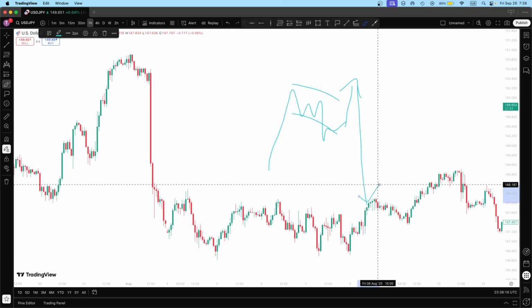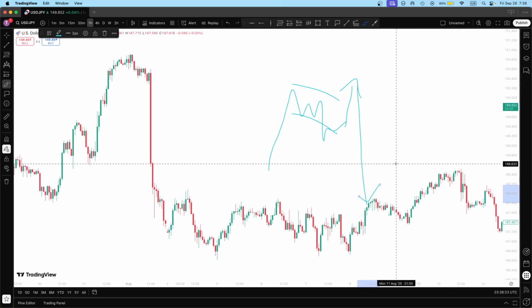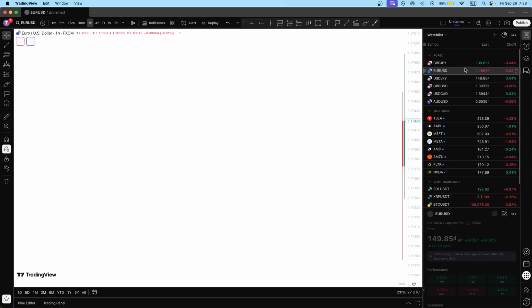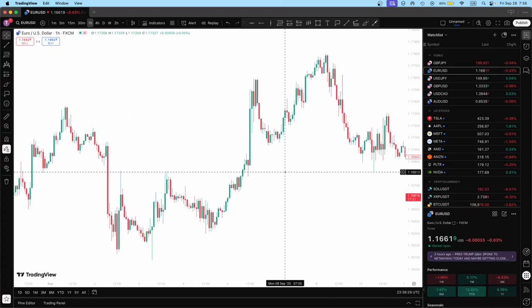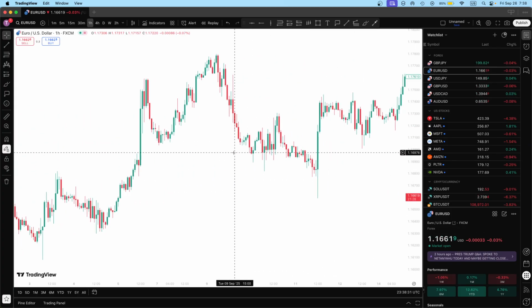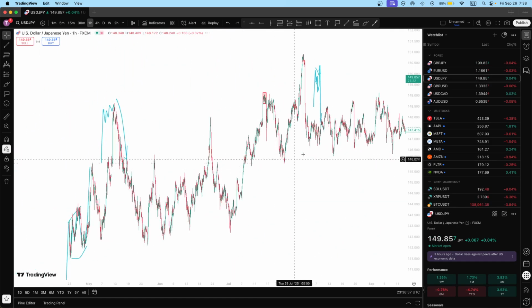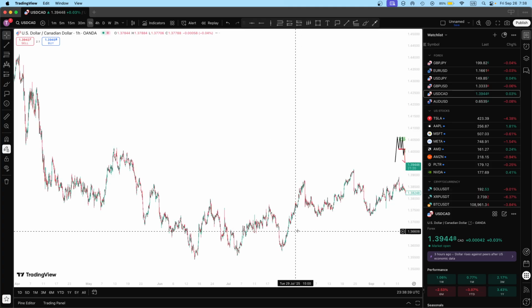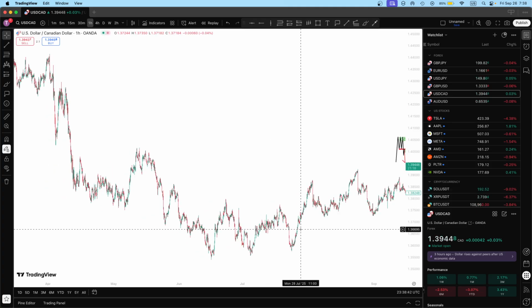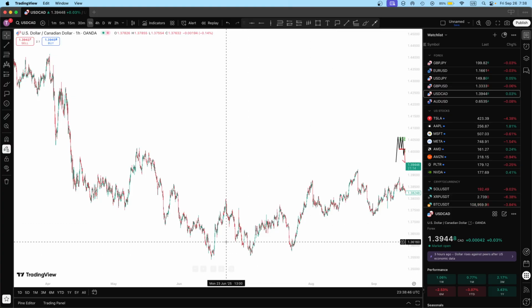So this is where probability plays a part, where some kinds of moves in certain charts might be very common, and some patterns are very unlikely. So like USD JPY, what patterns are mostly common in USD CAD? Is it continuation patterns a lot, or is it reversal patterns, things like that.